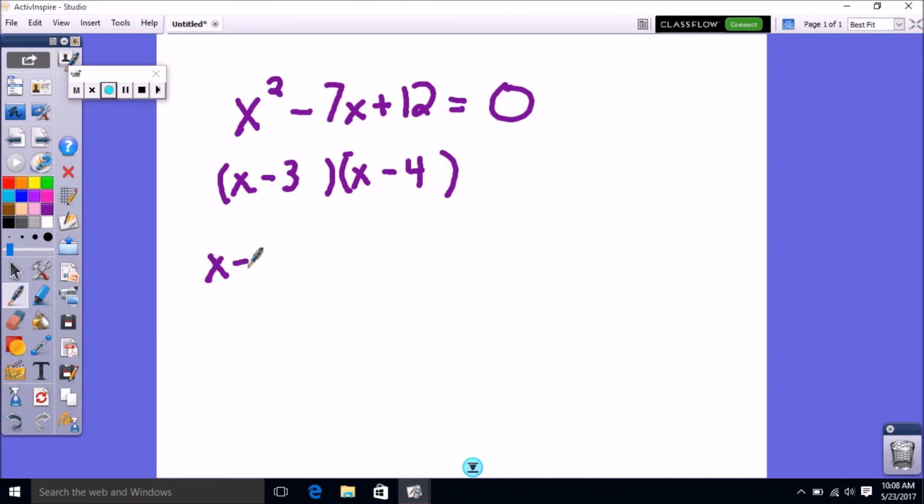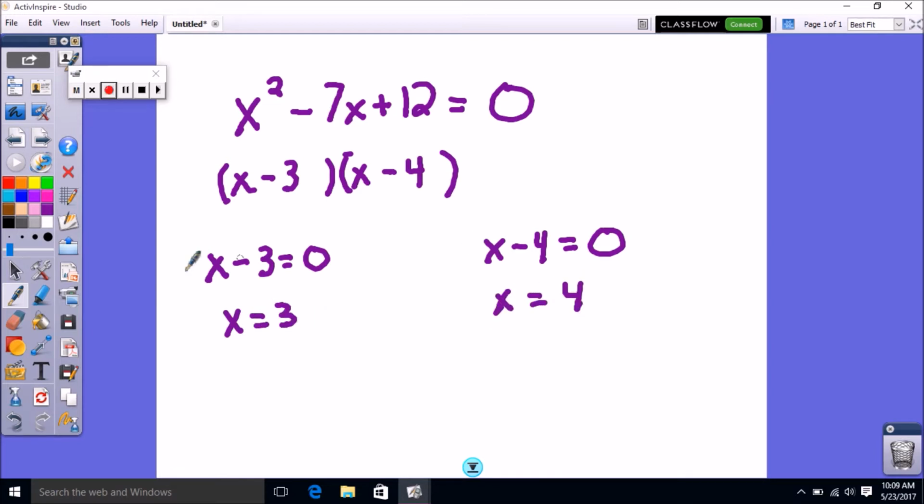That means you would then set each of these equal to 0. You're using the zero product property. And you would get x equals 3 and x equals 4. So those are two answers.